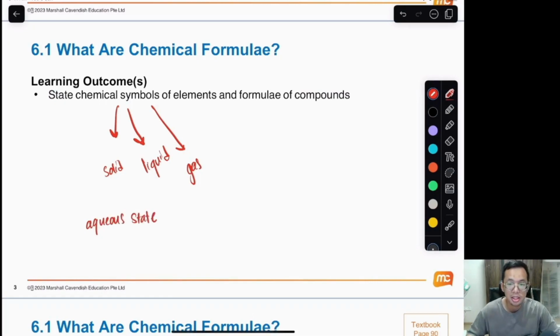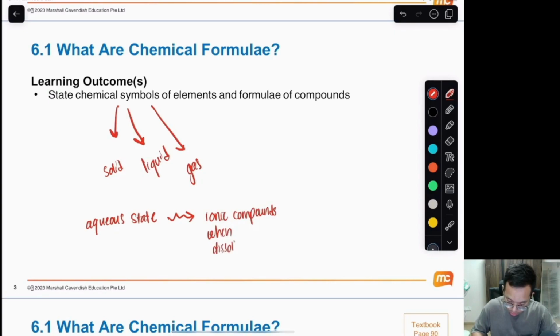The aqueous state is something that a lot of people can get confused quite easily because it is neither solid, liquid nor gas. Rather, aqueous state is usually used for ionic compounds when dissolved in water. So, let's keep this in mind first as we go through it.